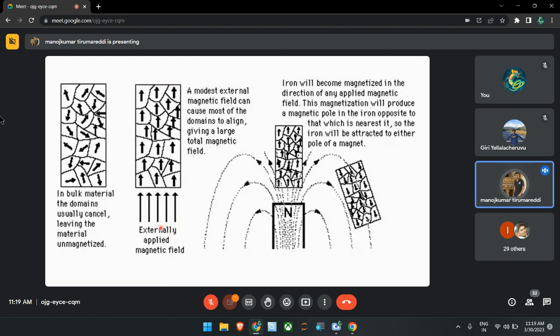For our convenience, this external field we say primary field, and the generated field within the body we call secondary magnetic field. Then TMI anomaly patterns are mainly dependent upon the interaction between this primary field and secondary field. How the primary field is generated, how the secondary field is generated with respect to the primary field, and whether it is parallel or anti-parallel to the applied field.